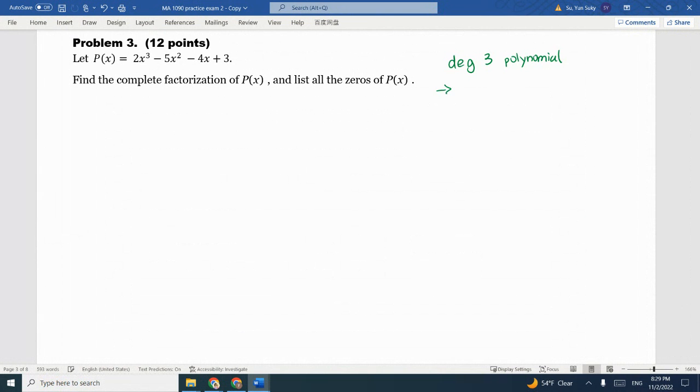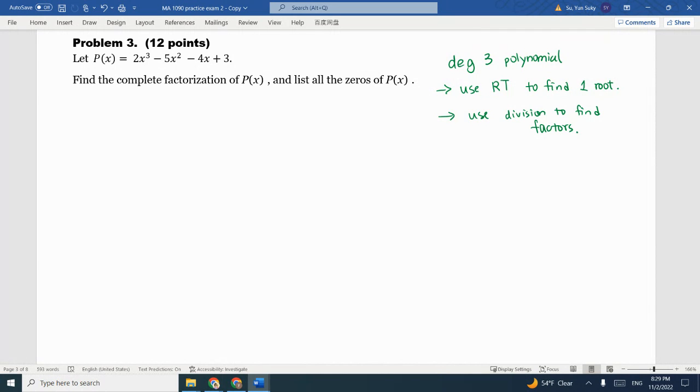Then we use the rational roots theorem to find one root. Then use long division or synthetic division to find all the factors.